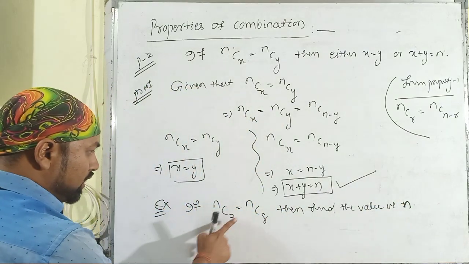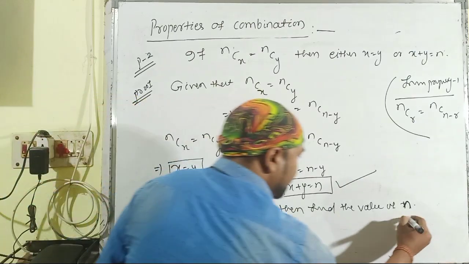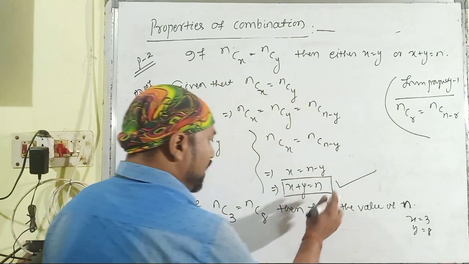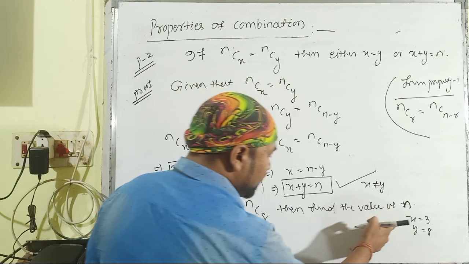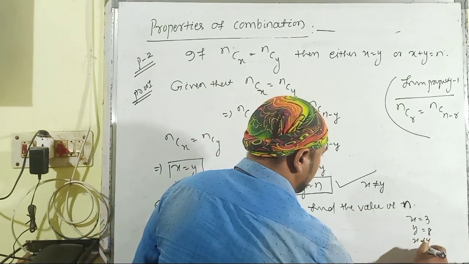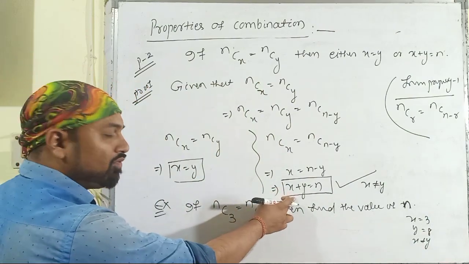From here you can see that this is the value of x and this is the value of y. Here x is equal to 3 and y is equal to 8. And here x is not equal to y. So from these given conditions you will be sure that x is not equal to y because 3 is not equal to 8. So the second condition will be applied here.